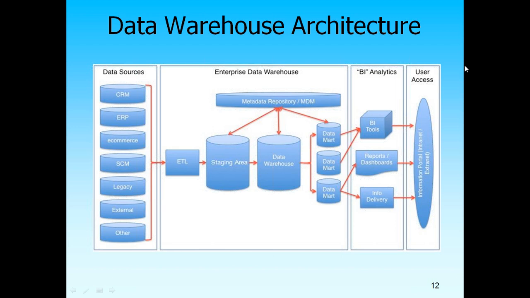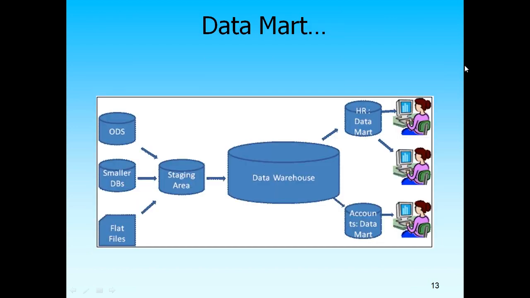Now, what is a data mart? You see, we have all the sources, staging areas, and the data warehouse, then finally data is processed into data marts. Here we have an HR data mart and an accounts data mart.